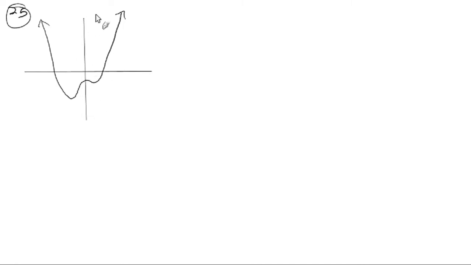Because for even degrees, we see the arrows, the ends of the graph, the end behavior, going off in the same direction, right? So how did I draw my conclusion? We see the arrows going in the same direction. The end behavior, the ends of the graph on the left and on the right are going in the same direction, so we know even degree.